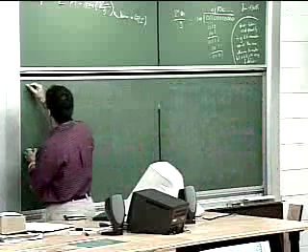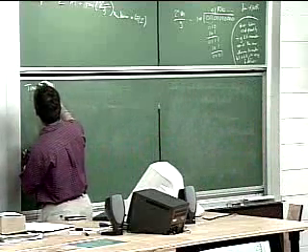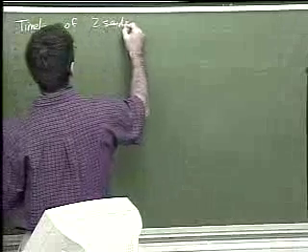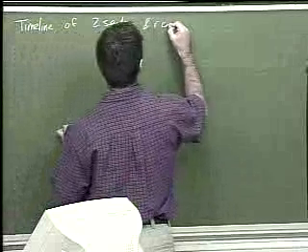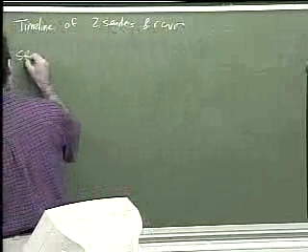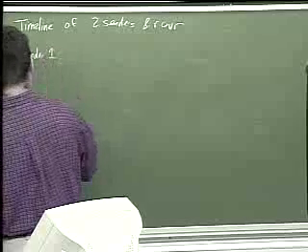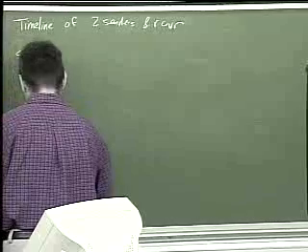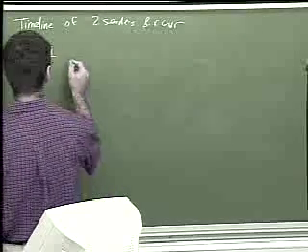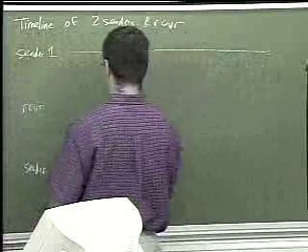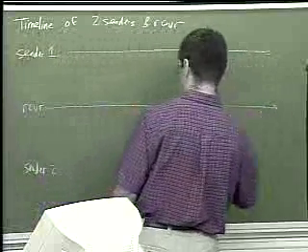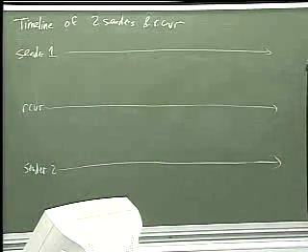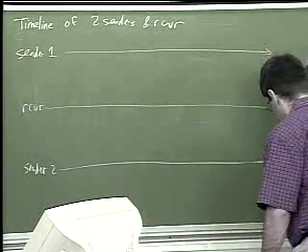So let me draw a timeline of two senders and a receiver. Okay, so here's sender 1. Here's the receiver. Here's sender 2. And the x-axis is time. Okay, so time going this way.